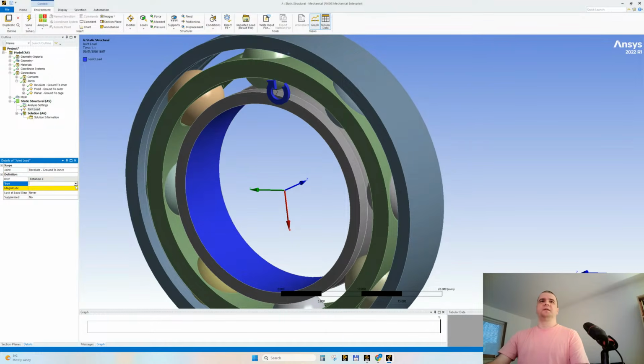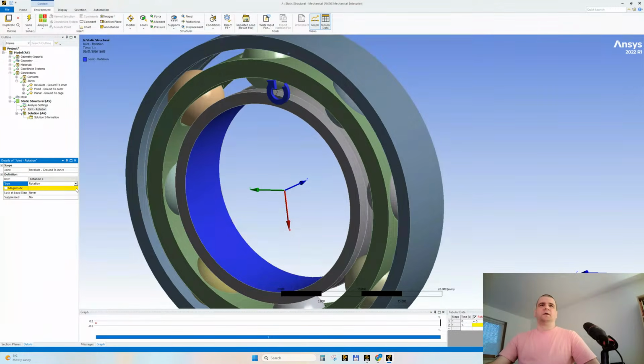Okay. Type, we will apply a rotation, which will be an angle. It does not make sense to say velocity or acceleration because these take place in time, and in a static structure simulation, time does not make sense. Magnitude, tabular.